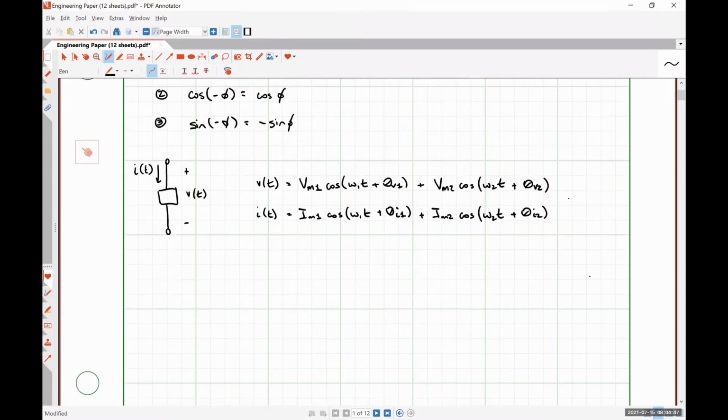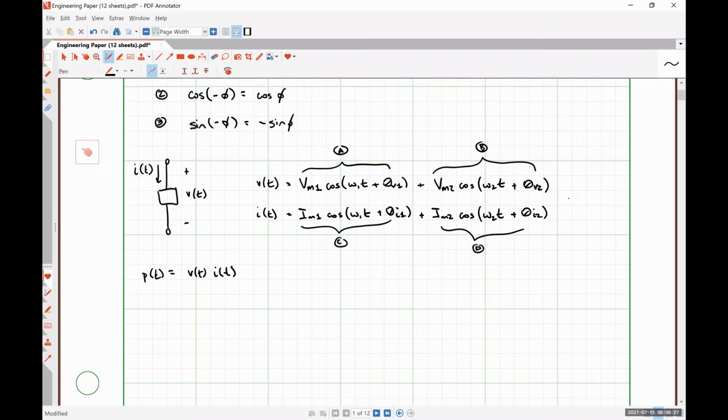The instantaneous power absorbed by this element, P of t, is simply going to be V of t multiplied by I of t, because power is always the product of current and voltage. But as you can guess, when we multiply these two together, it's going to get pretty gnarly real quick. So I'm going to label these parts: A, B, C, and D.